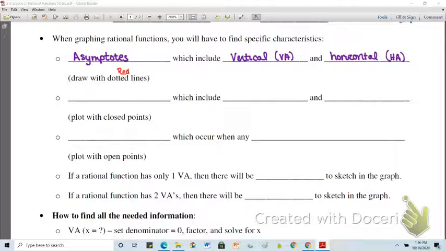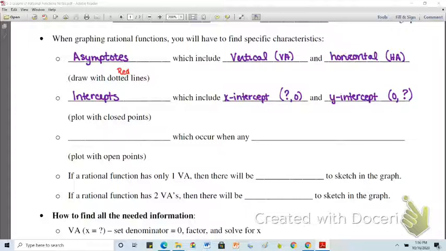Next, we're going to go to our intercepts. These include my x-intercept and y-intercept, and these are both points, so we are going to write them as points. The x-intercept will be some number, comma 0. And the y-intercept will be 0 and then some number.